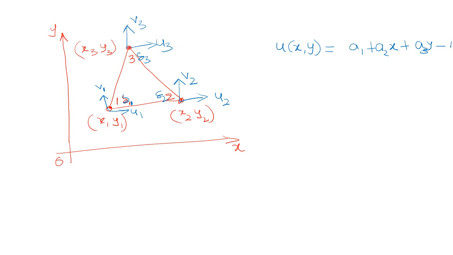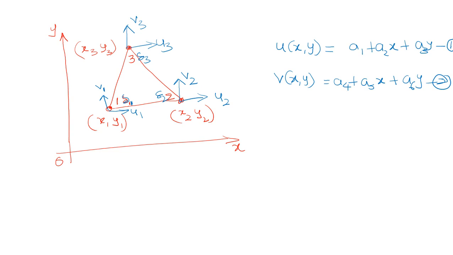This is equation number 1. Similarly, v is a function of x and y, because u and v are the components along the x and y axes. So v equals a4 plus a5x plus a6y. This is equation 2.